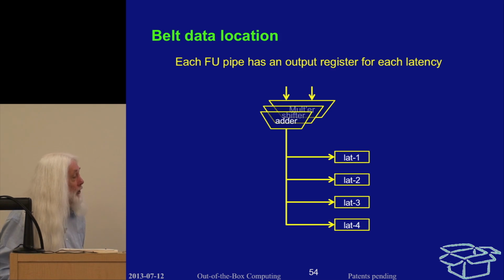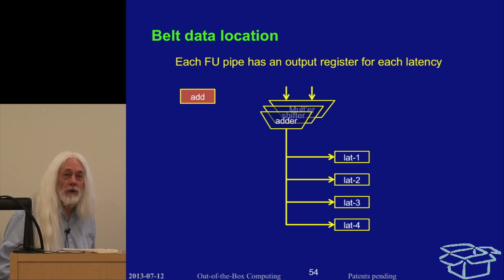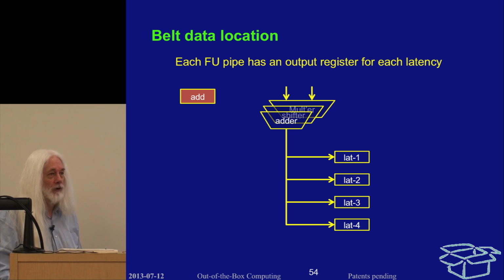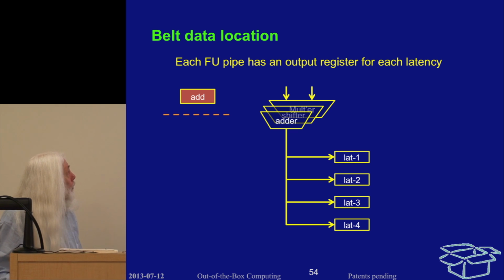Each functional pipe has an output register, described earlier. Assume that now we're going to do a sequence of integer adds, one after another, after another. Well, 1 cycle later, it goes to the latency 1 output. We do another add.